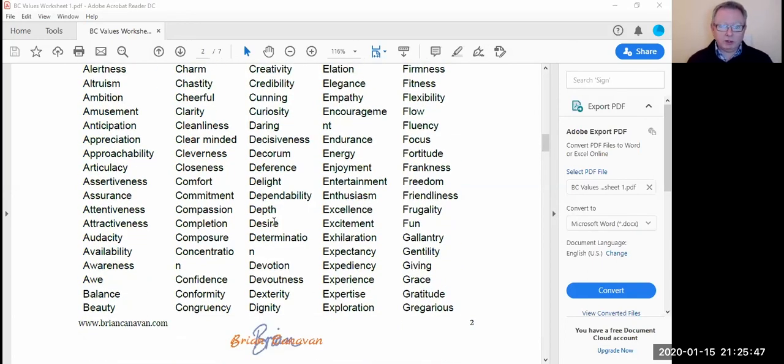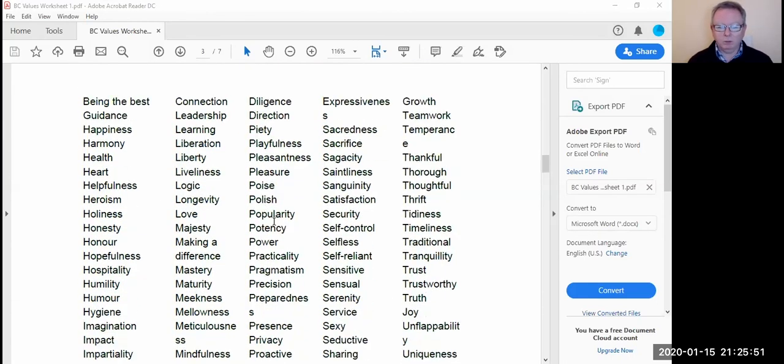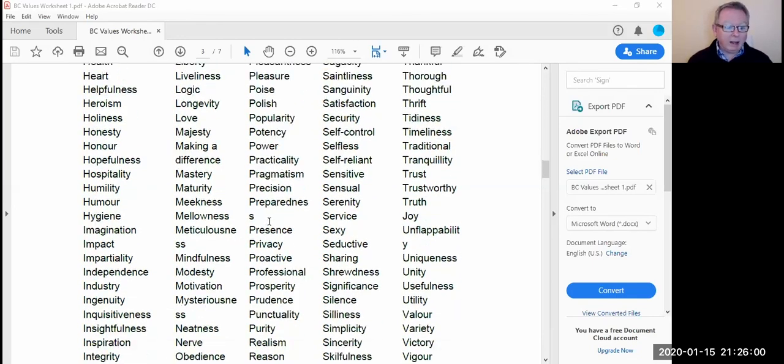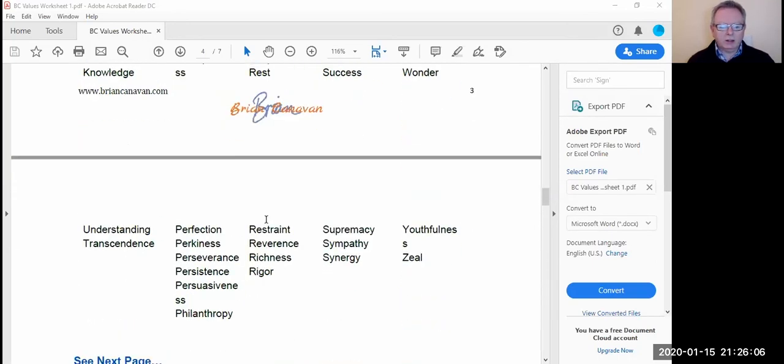Devoutness for somebody who's spiritual or religious. Gratitude, I think, is the one most of us like. Some people would go for adventure, some would go for tranquility, serenity, peace. Impact, there's another value you might want, to have impact on the world. Going through these quickly gives you an idea of things to get down and brainstorm about what's maybe important to me.